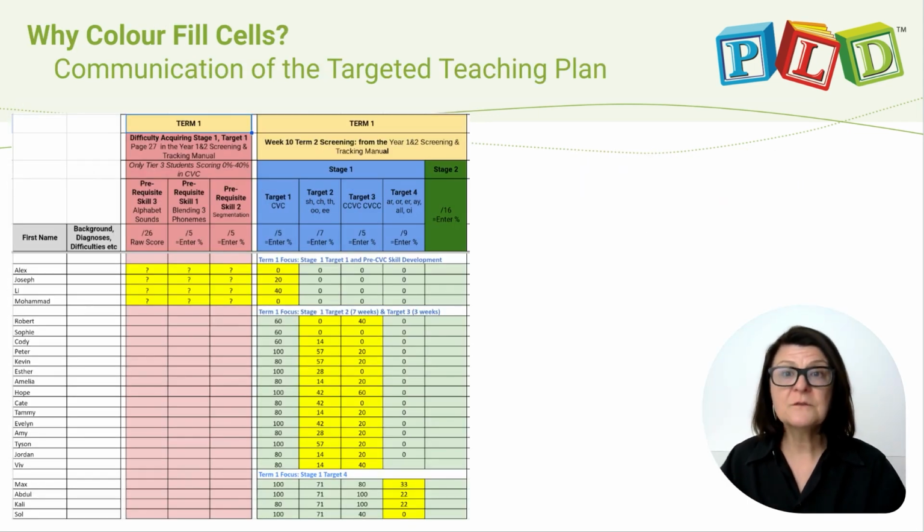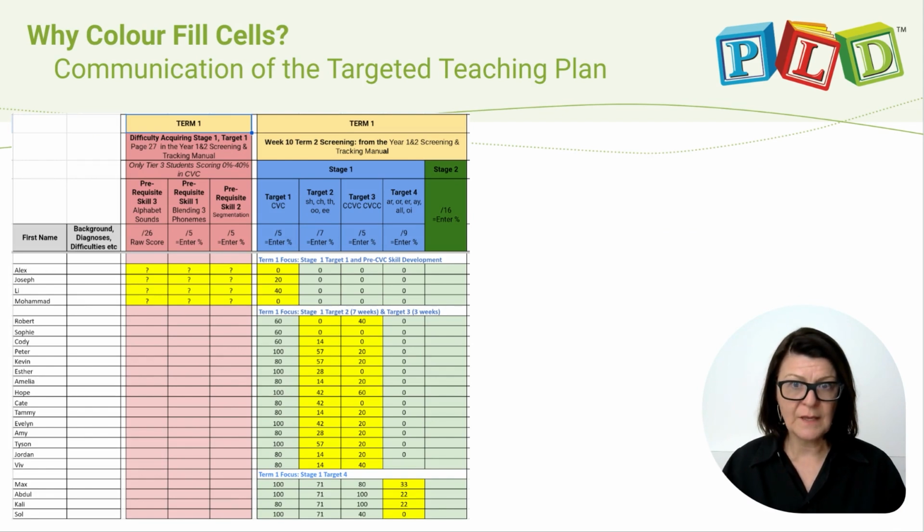Why colour-filled cells? You're communicating your teaching plan for the coming term.